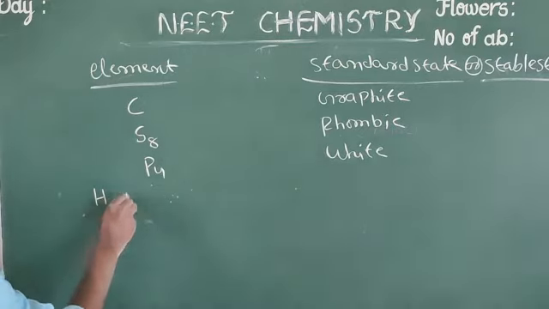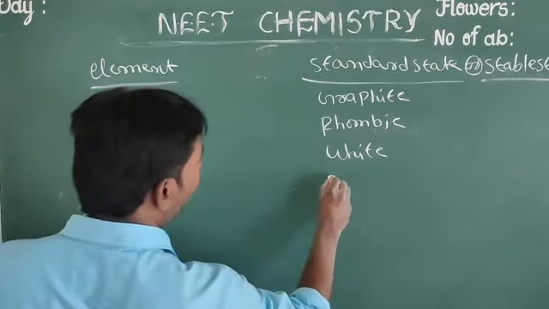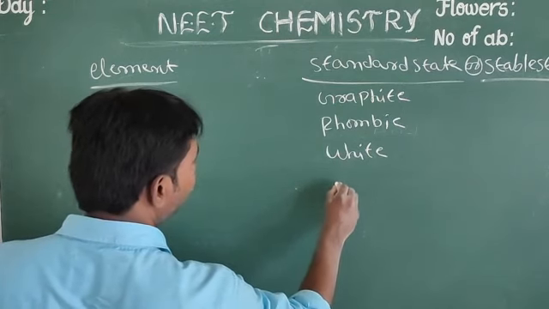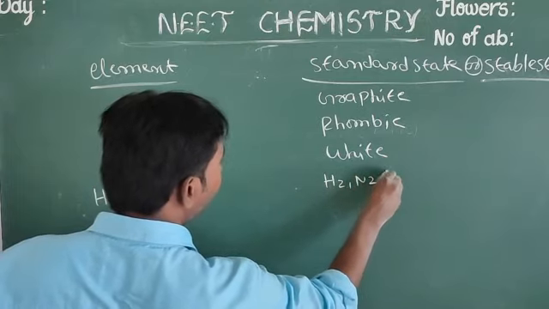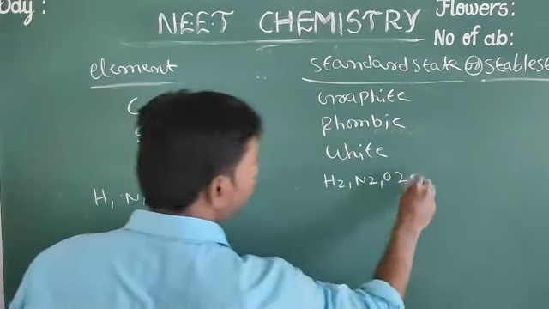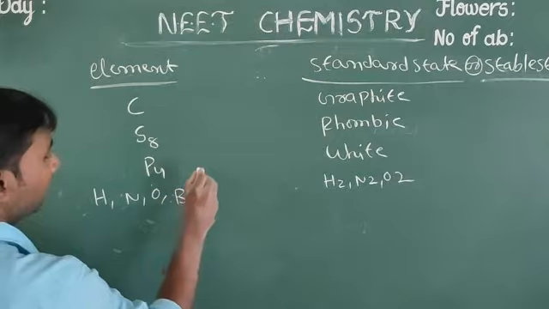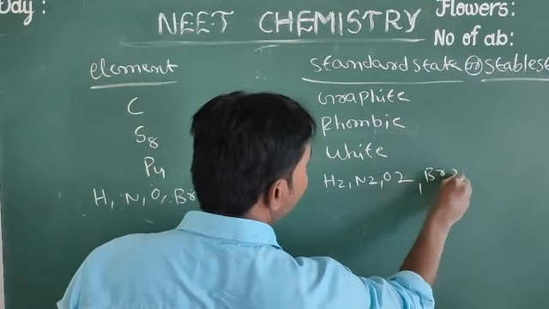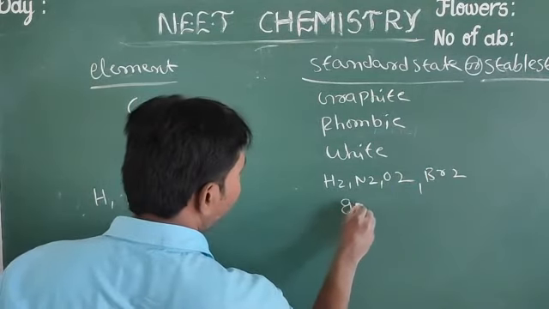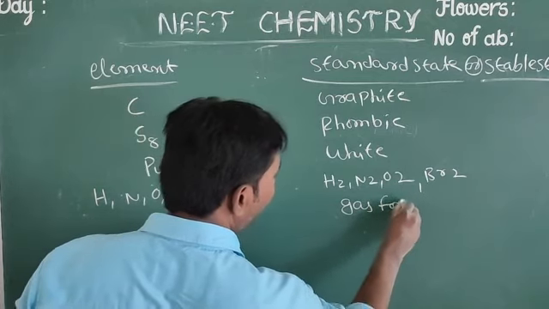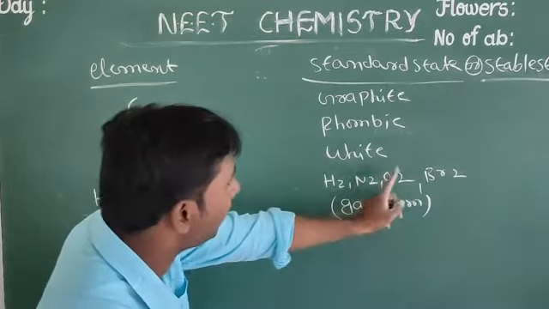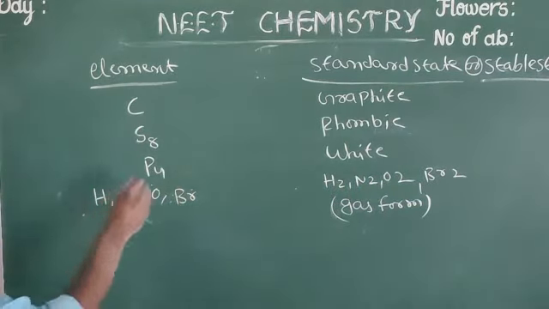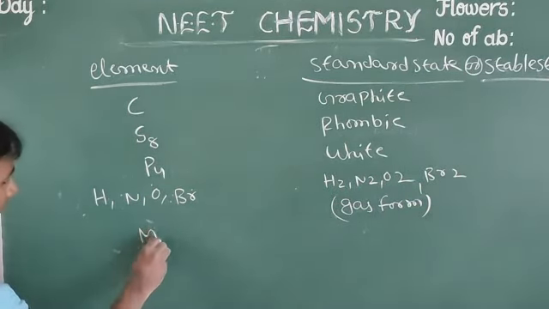Hydrogen, nitrogen, oxygen, gas form, that means diatomic gas form, so H2, N2, O2, like that. Next, bromine, Br2, gas form. Diatomic gas forms: H2, N2, O2, Br2.